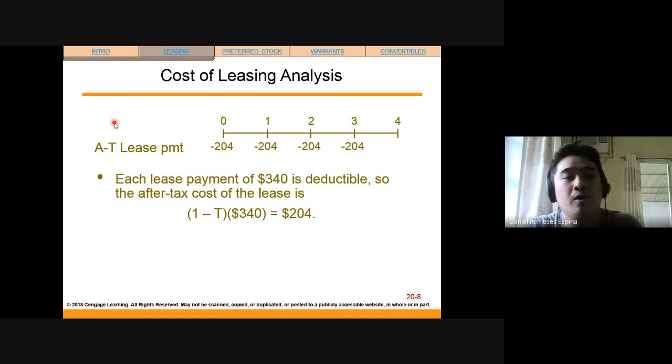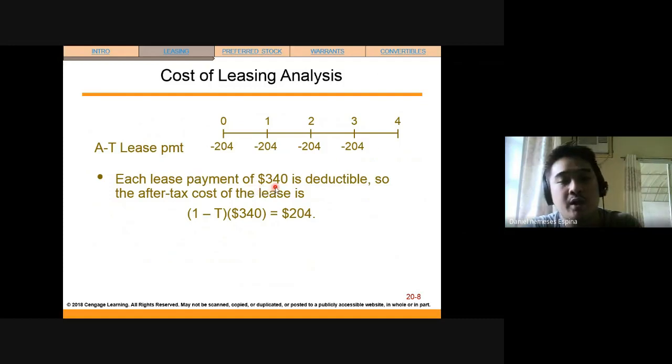However, rental expenses can also help the business minimize its tax payments because, of course, the lease rentals are deducted as expenses. So again, what is relevant in our analysis is only the after-tax benefit of the lease payment of 340,000 per year.